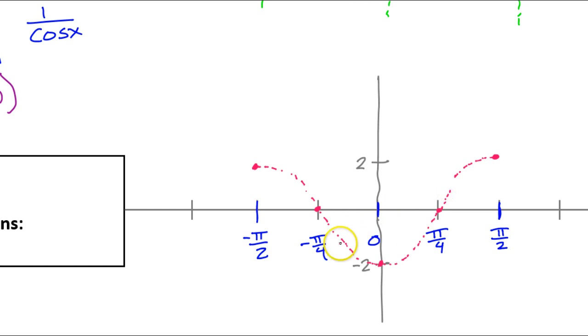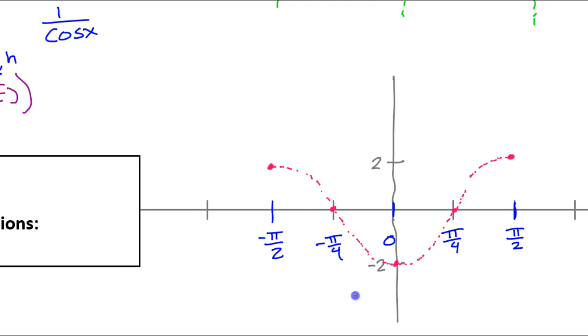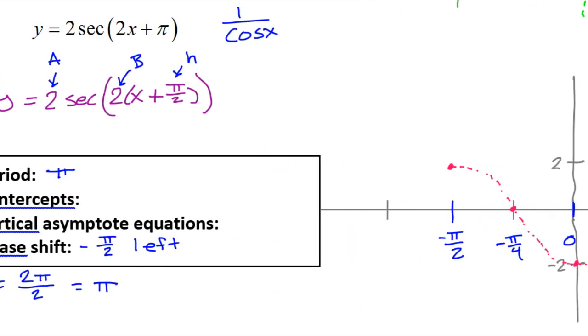Alright, so that's what the cosine function would look like, ever so lightly, because that's not the real thing we're trying to graph here. The real thing we're trying to graph is this secant function.